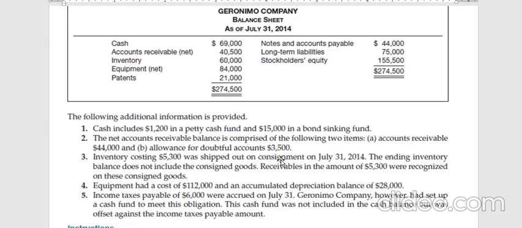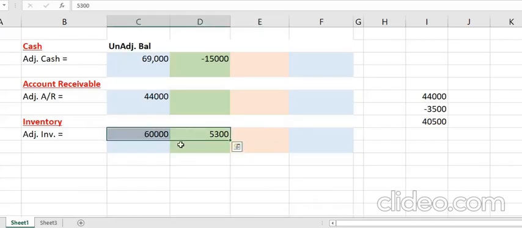The consignee agent does not accept it as inventory. Earlier I just discussed it. Just like you cannot reduce the inventory from this $60,000, and this is the reason I added it, because I cannot reduce it. I need to keep it inside the inventory balance.